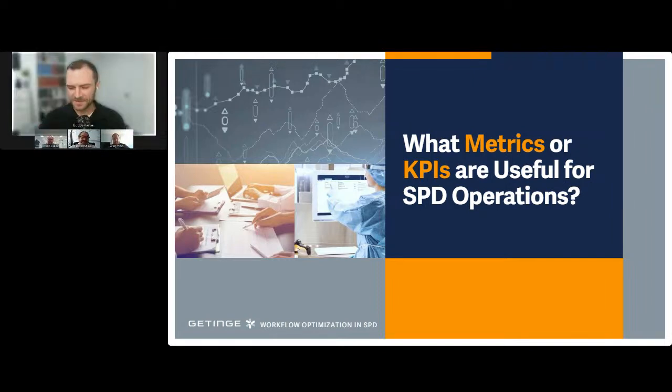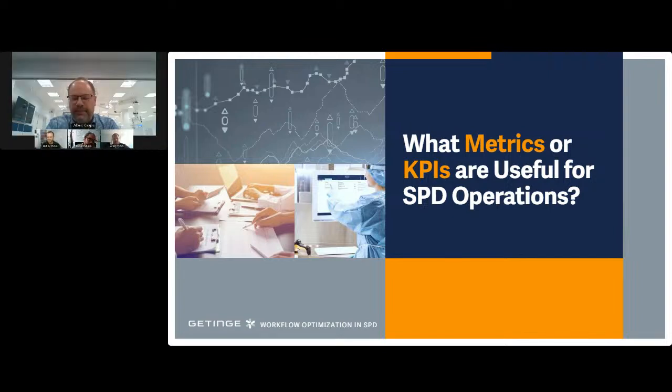Go ahead. Sorry. The one KPI that I would want to add, and we use our instrument tracking system for this, which is an incredibly useful tool, is monitoring which sets are turned over and used more than once per day. It really provides a lens into what we would call an appropriate amount of inventory.